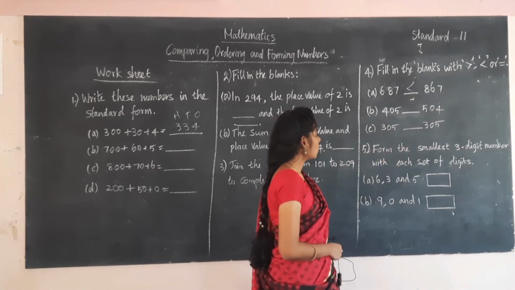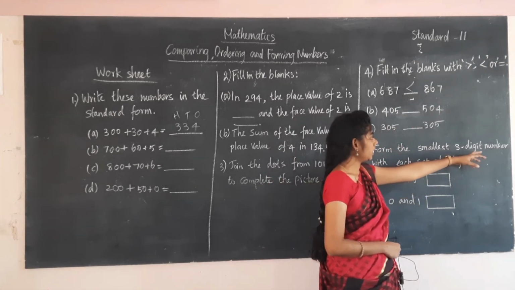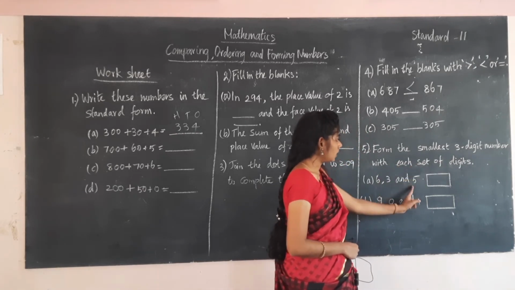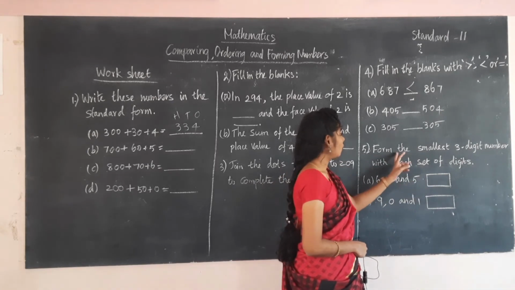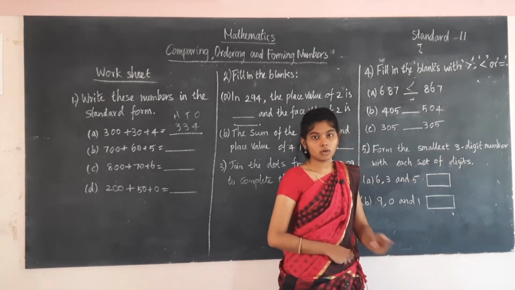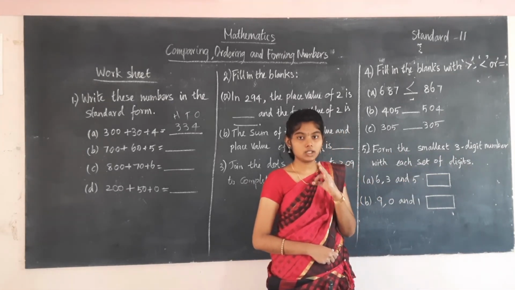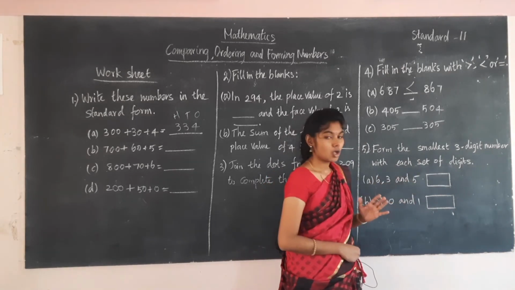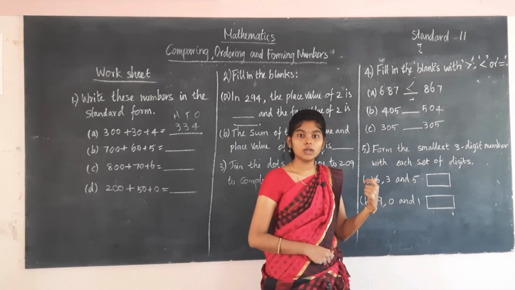And the next one is form the smallest 3-digit number with each set of digits. So with these numbers you are going to form the smallest 3-digit number, not the greatest. To form the smallest 3-digit number, what will you do?